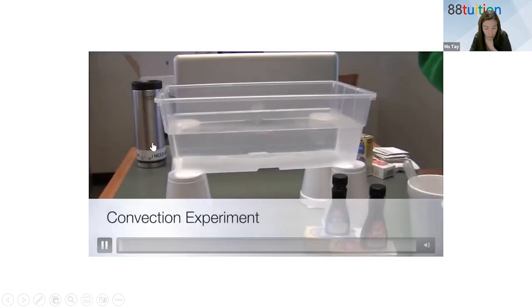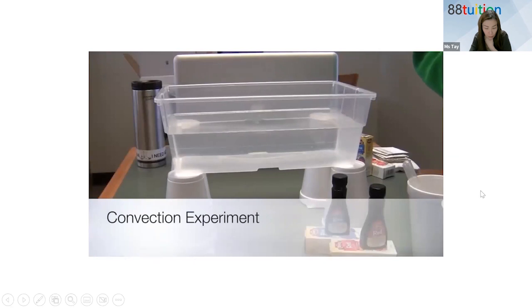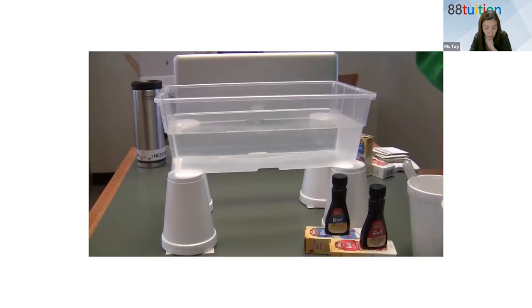All right, so here we have a way to demonstrate convection, which you normally wouldn't be able to see. In this case, we have this container, which is half filled with cool water. It would be wonderful if it was ice cold. That might even work better. But this represents part of the atmosphere or the air.